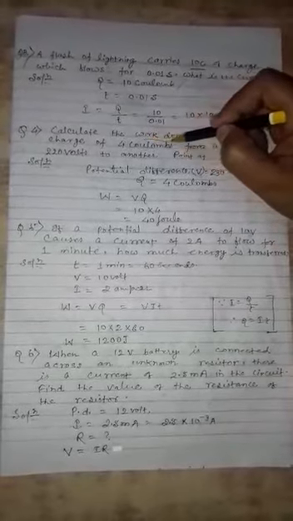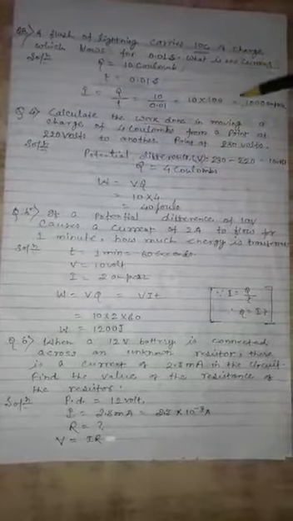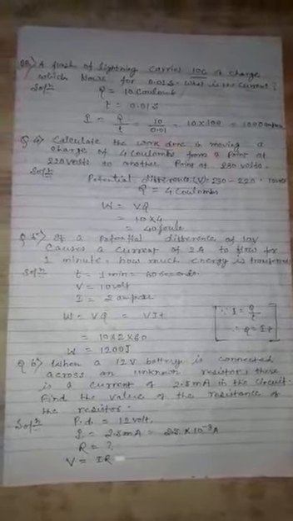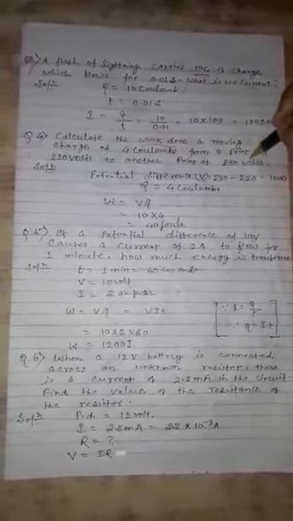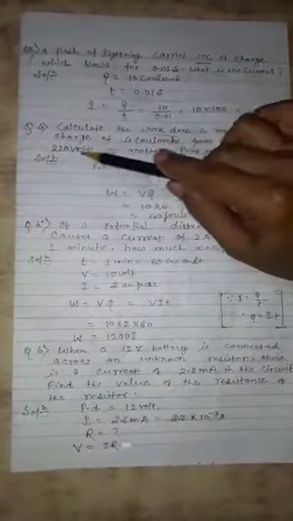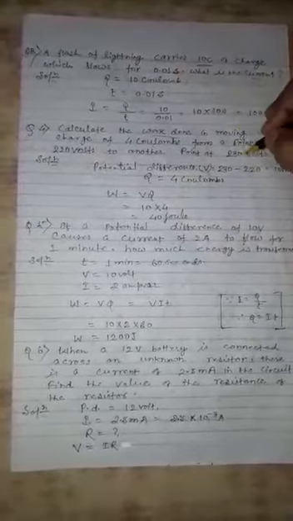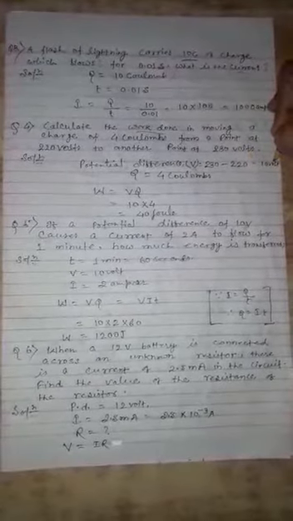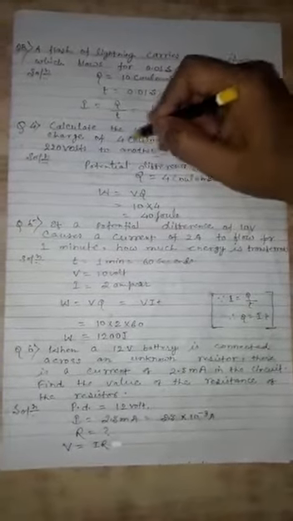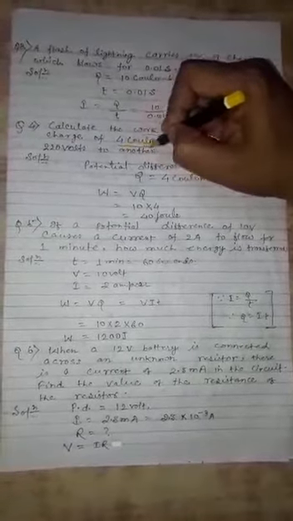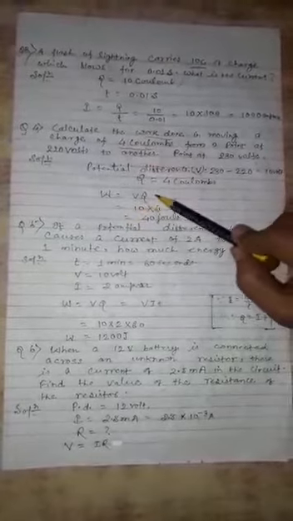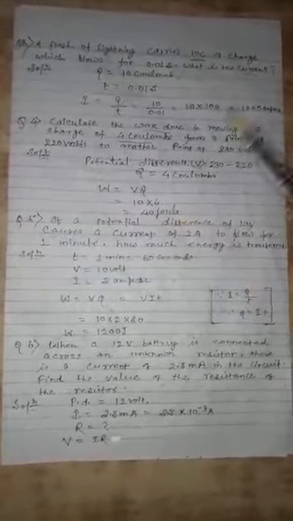In this question, we have to calculate the work done, that is W. Potential difference: at one point the potential is 220 volt, another is 230 volt, so potential difference is 230 minus 220 is equal to 10 volt. And coulomb is the SI unit of charge, so Q is equal to 4 coulomb, and we know the formula, W is equal to VQ, so 10 into 4 is equal to 40 joule.